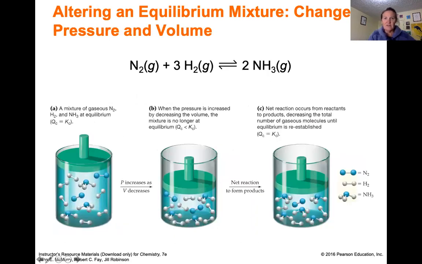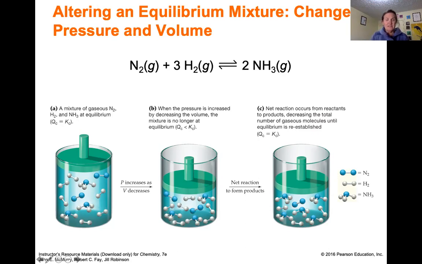Changes in pressure and volume. So if we have a gaseous reaction like this, and we have 4 moles of gas on the reactant side and 2 moles on the product side. If we take a reaction at equilibrium, as is shown in A, and we decrease the volume, you're going to increase the pressure.